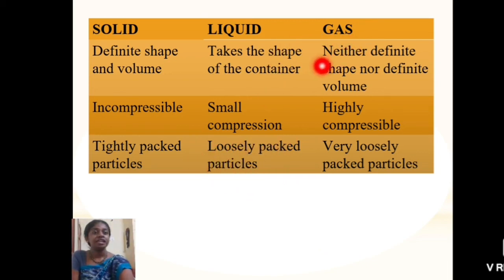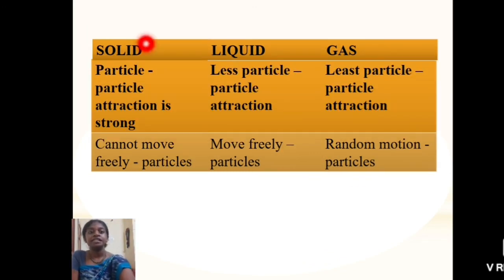And gas has neither definite shape nor definite volume, and is highly compressible with very loosely packed particles. In solids, the particle attraction is strong and the particles cannot move freely. For liquid, there is less particle attraction and the particles move freely. And for gas, there is least particle attraction and random movement of the particles.